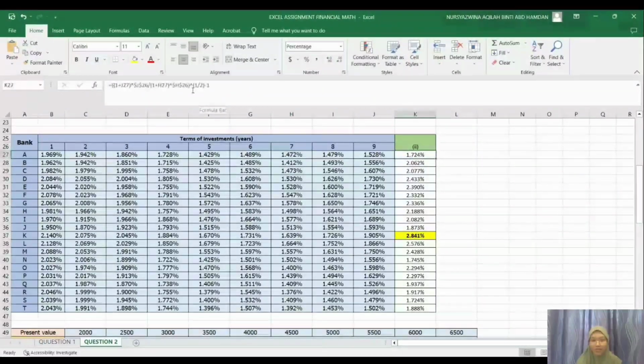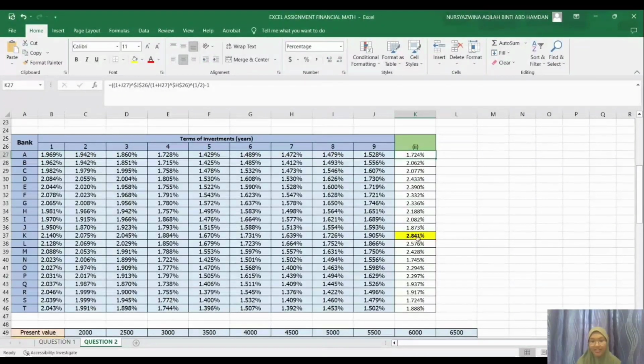And this needs to be powered by 1 over 2, minus 1. Next, we can copy and paste the formula. But before that, we need to lock the cells of the 9 and the 7 year, which are J26 and I26. So we can calculate the highest 2-year forward rate investment starting at time 7 years.